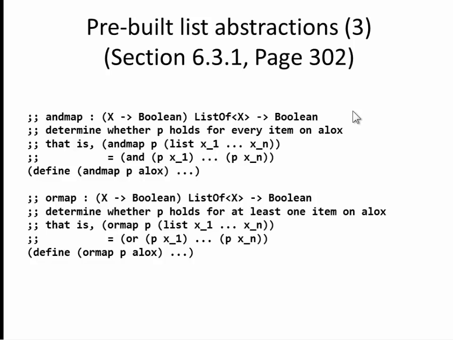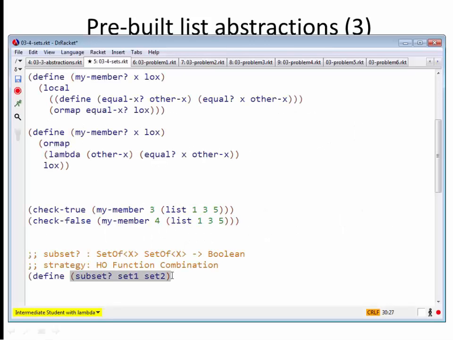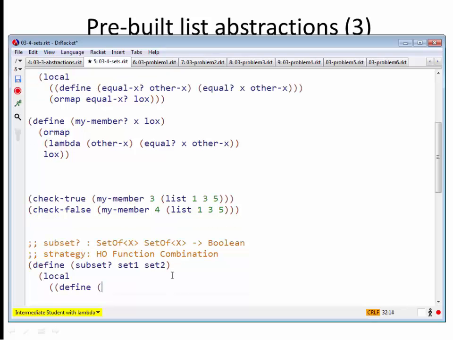Okay. So for subset, we ask the question, is every element of set 1 an element of set 2? Does that sound like an and map question or an or map question? An and map question. Excellent. And what is the question that we are asking of each element in set 1? Take a random element from set 1. What question are you asking about it?